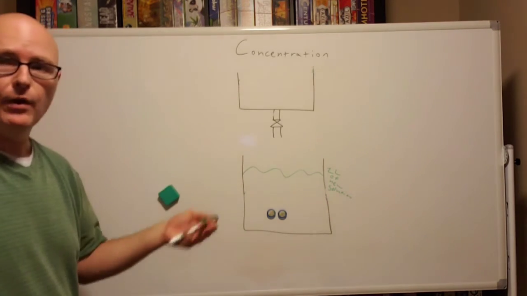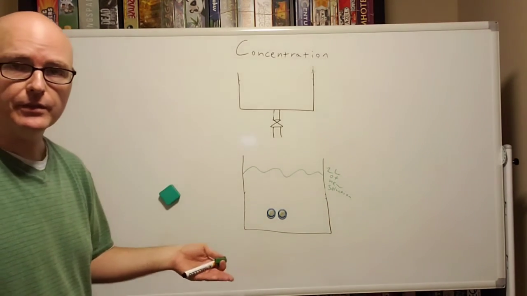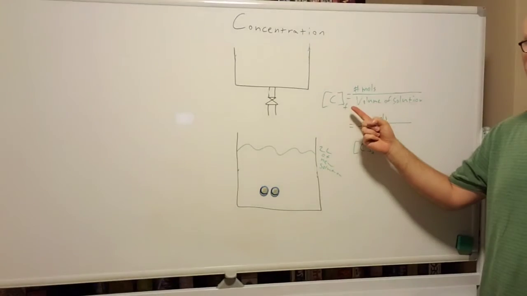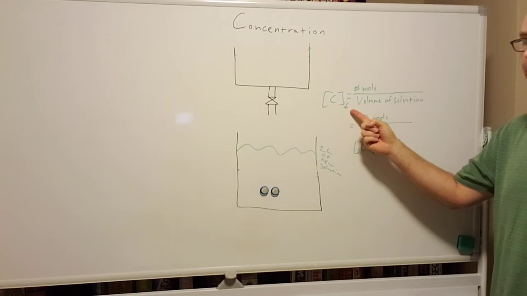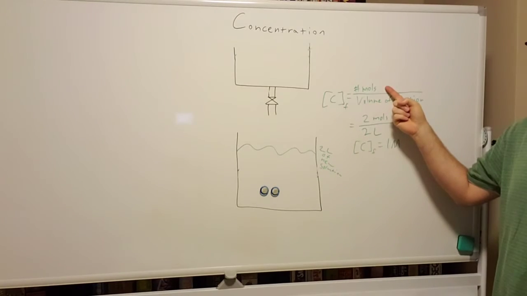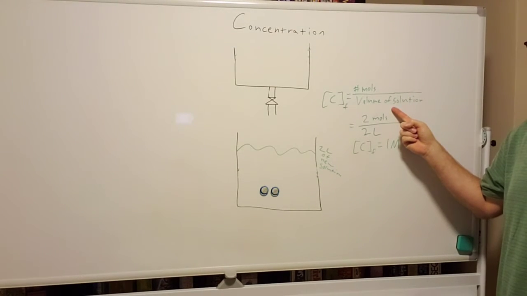And we're trying to find out what the concentration is of the solution. So now we can find the new concentration, or concentration final, as the number of moles per volume of solution.